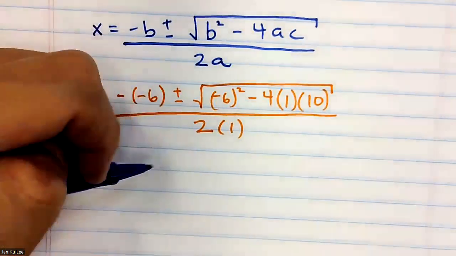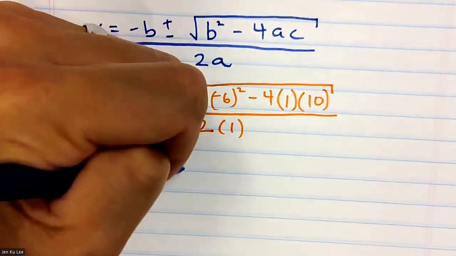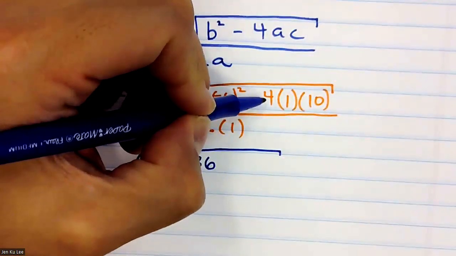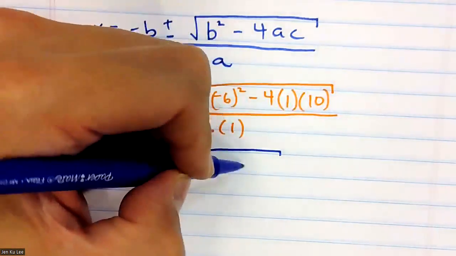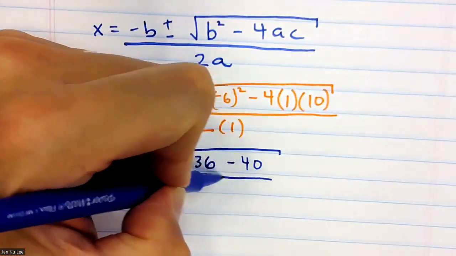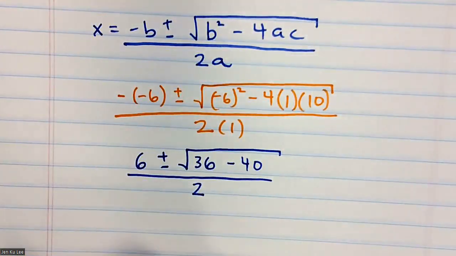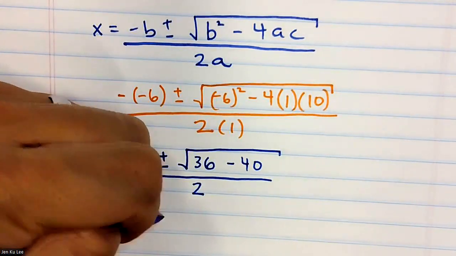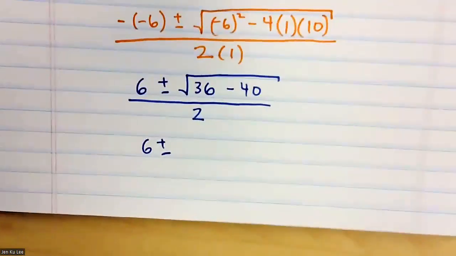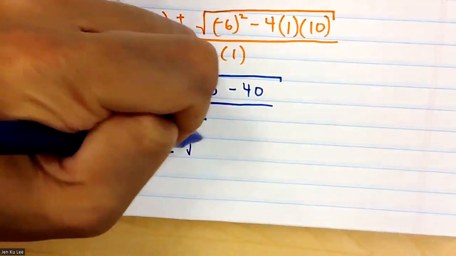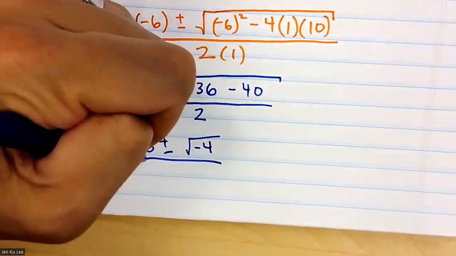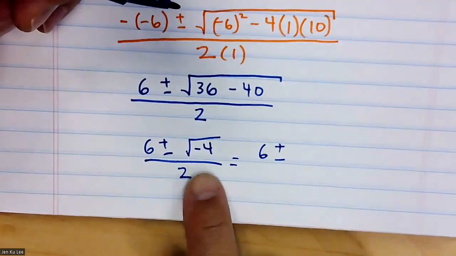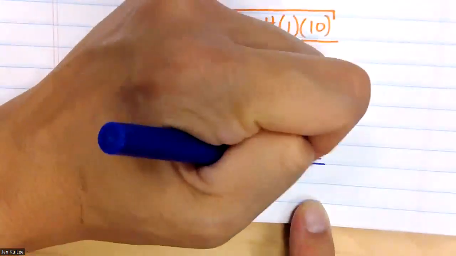So negative negative makes a positive 6 plus or minus the square root. Negative 6 squared is 36. Negative 4 times 1 is negative 4, times 10 is negative 40. All over 2. So this would be 6 plus or minus the square root of negative 4 over 2, which is 6 plus or minus 2i over 2.